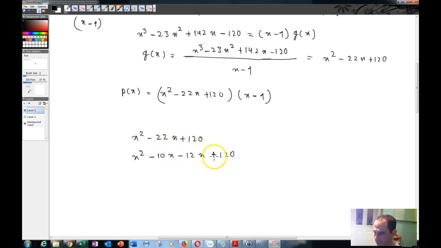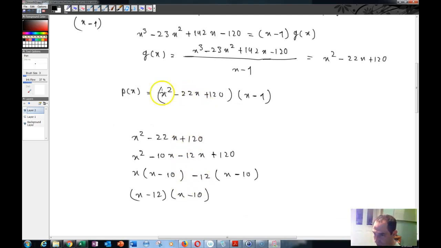And then you can take these two together, take an x out, x minus 10, and take these two together, take a negative 12 out, and then you'll get x minus 10. So then you would have x minus 12 times x minus 10.